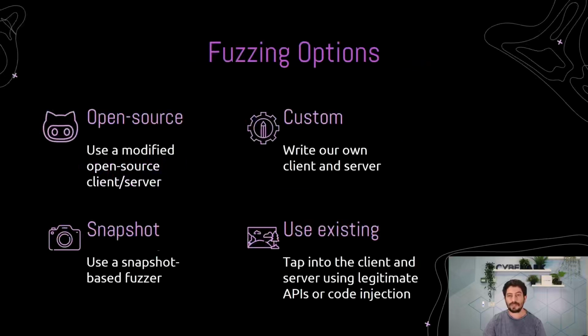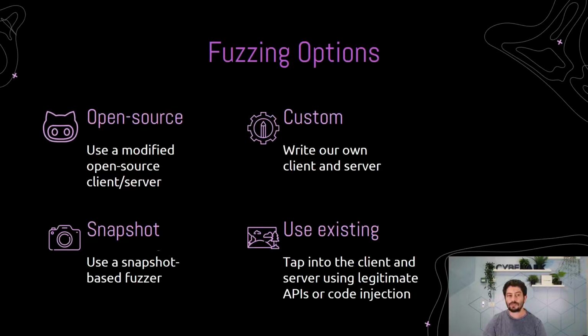So the first thing we had to figure out when trying to fuzz RDP was how can we send inputs to our target, be it the server or the client. And going into this project, we had four options. The first was to take an open source solution and modify it so that it will send our fuzzing messages as well. The second one was to write everything from scratch, write our own custom RDP client or server and use it to send our messages.